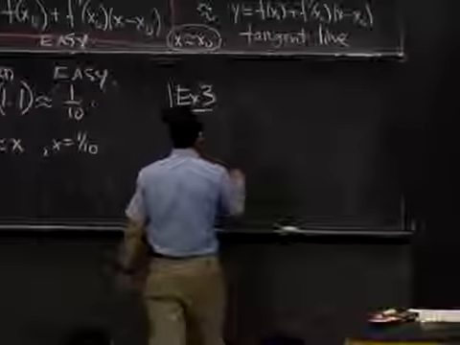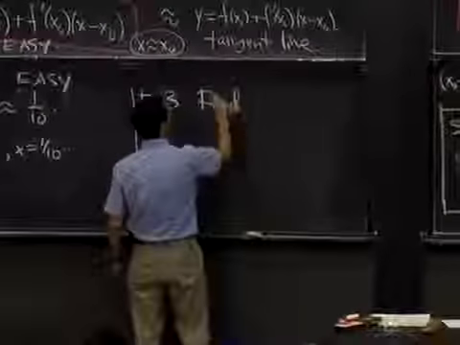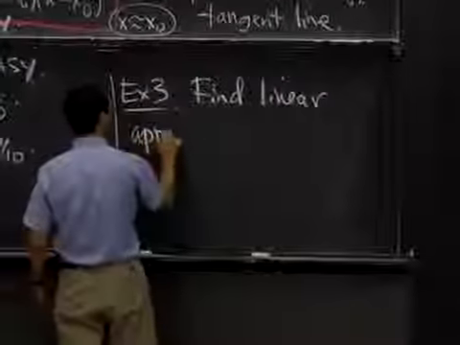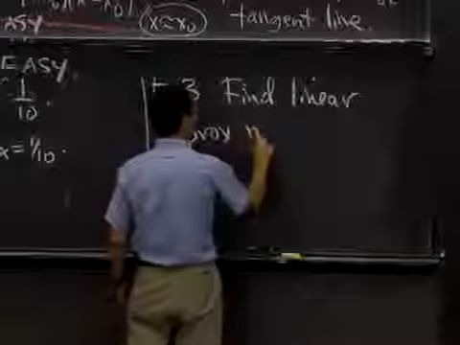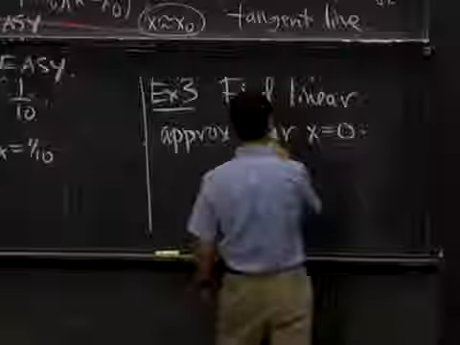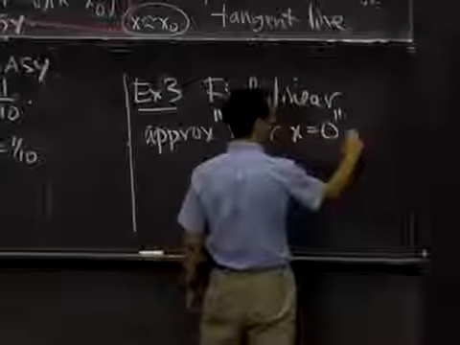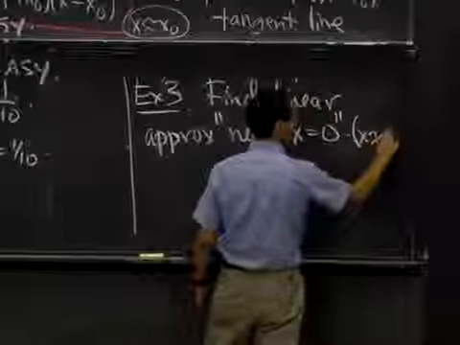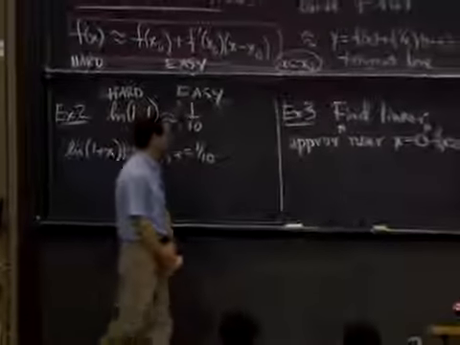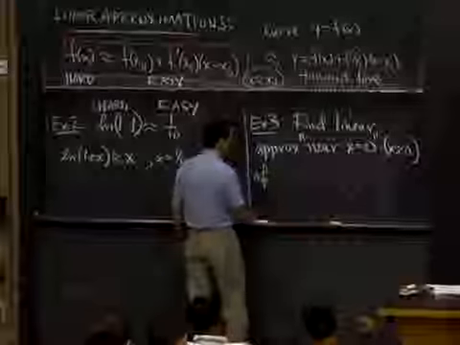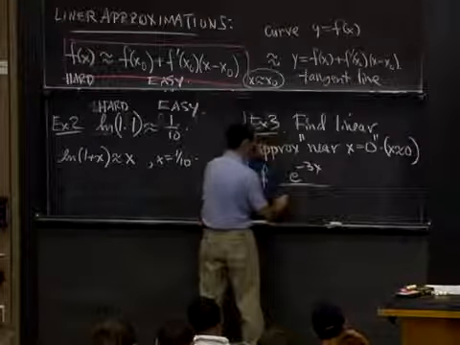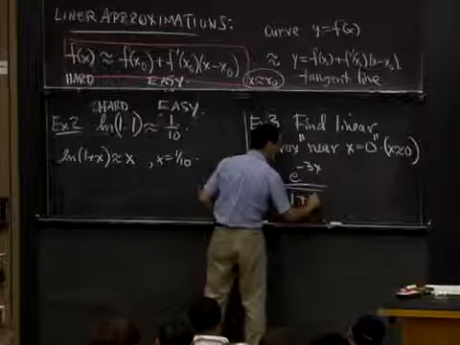I want to find the linear approximation near x equals 0. When I write near x equals 0, that's the same thing as saying x is approximately 0, of the function e to the minus 3x divided by square root 1 plus x.